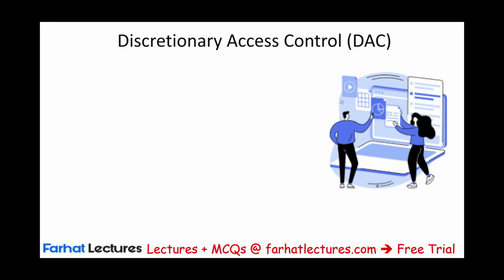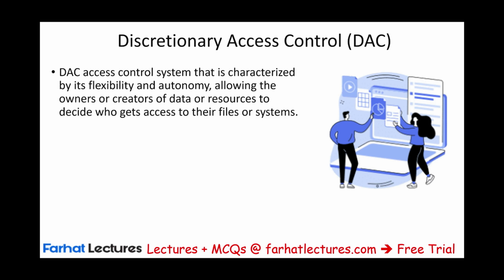Starting with discretionary access control, known as DAC. DAC is characterized by its flexibility and autonomy. What do we mean by autonomy? Autonomy means the owner of the data, the creator of the data, or the person in charge of the resource will decide who gets access to their files or system.